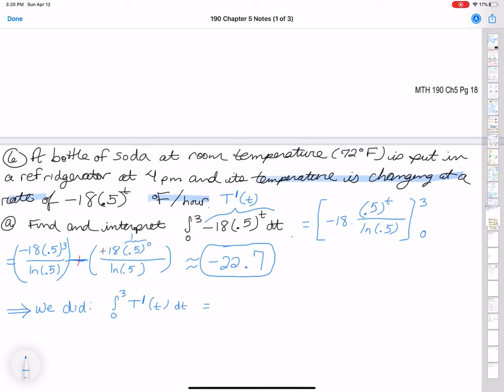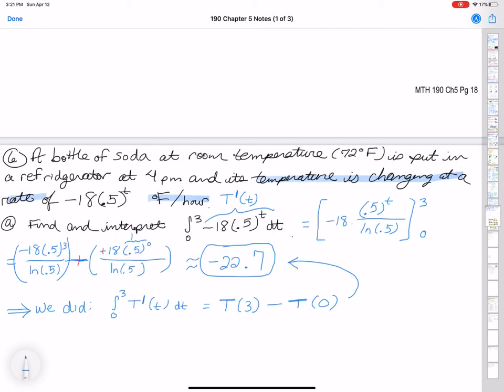And so once we did that, first we found that antiderivative capital T, and by the second part of the fundamental theorem of calculus, we evaluated between the limits of integration. So we did capital T of 3 minus capital T of 0, and that is what got us this negative 22.7.